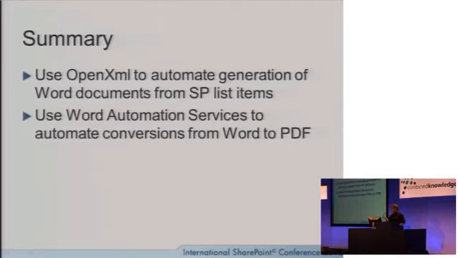So the question was, how does IRM play with doc conversions and so on? Badly, I think, is the general feel. You can set up policy so when it ends up in your SharePoint library, it will apply policy to it at that point.